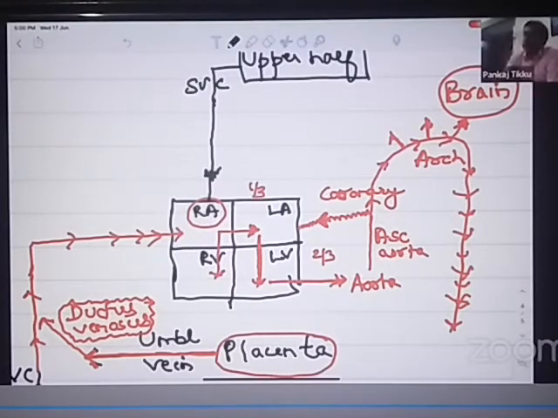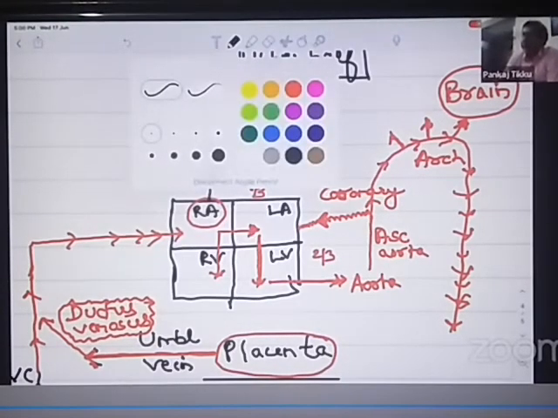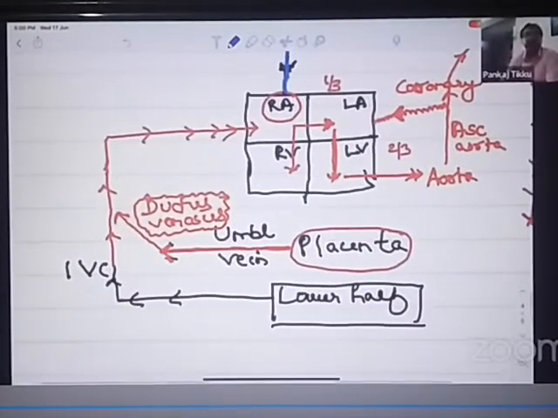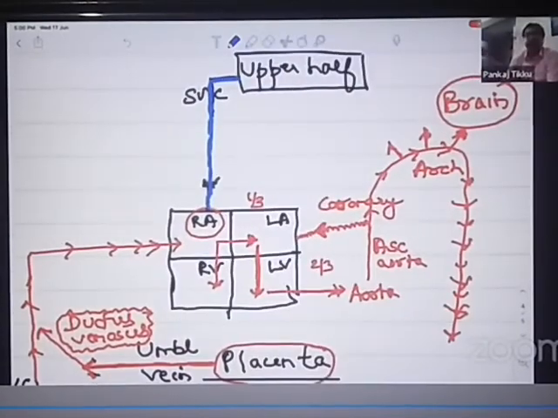Now this blood, because it is deoxygenated, I will mark it as blue. Now there is no umbilical vein opening here, unlike the inferior vena cava where the umbilical vein is opening. So inferior vena cava becomes red, oxygenated. But in the case of superior vena cava, there is no umbilical vein opening here. So superior vena cava blood remains deoxygenated.